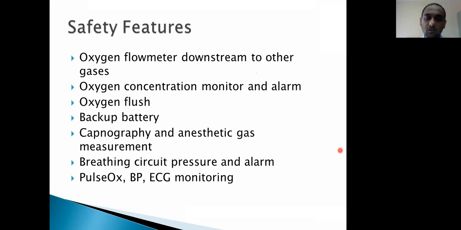We have the oxygen concentration monitor and alarm, oxygen flush, backup battery of 30 minutes, and the others, that is capnography, anesthetic gas measurement, breathing circuit pressure, volume, and the respective alarms, pulse oximetry, blood pressure, ECG, and other monitoring as and when required for the different types of cases.